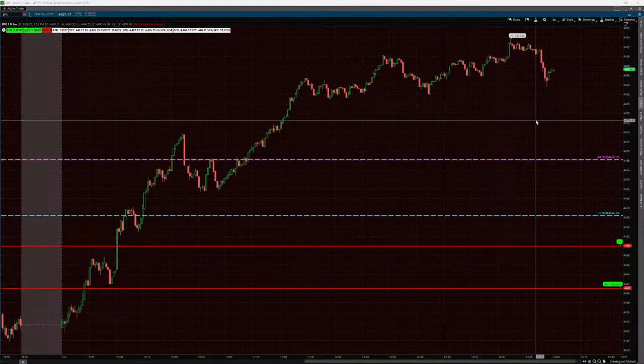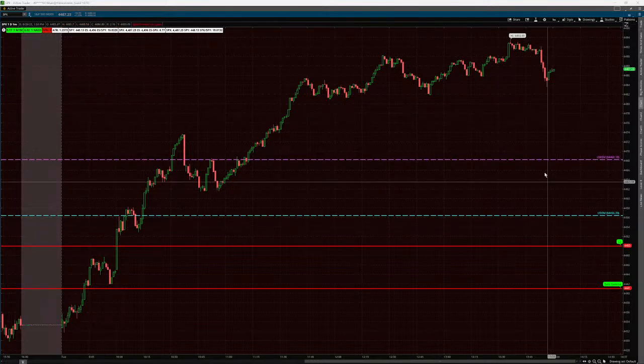I leave the name, I edit, I paste in the new ThinkScript, update it, apply that, and then I get the new levels on my chart. And these levels, this upper daily and weekly expected move, I do that manually. So I just draw those on my SPX chart here every day.